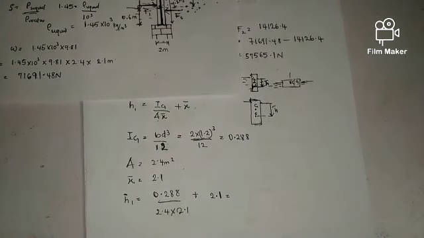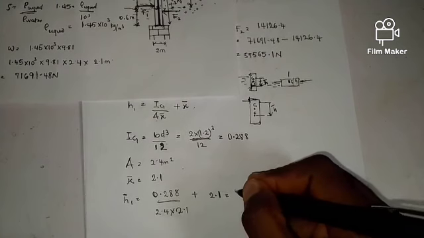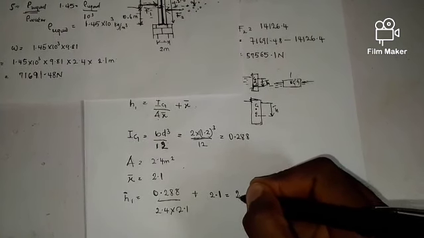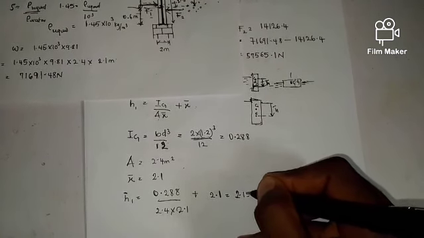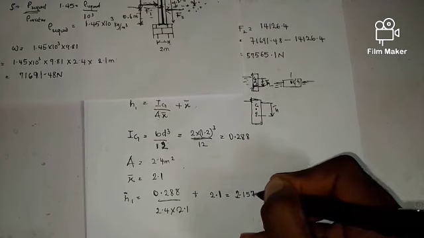Calculating this, I'll have my H bar 1 to be 2.157.